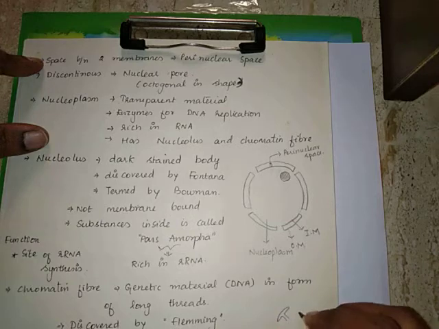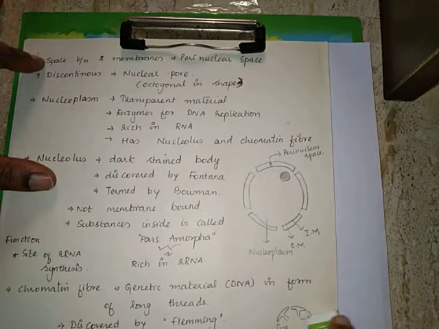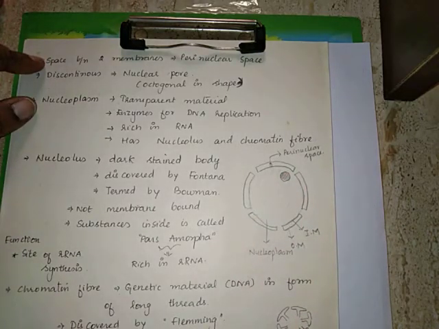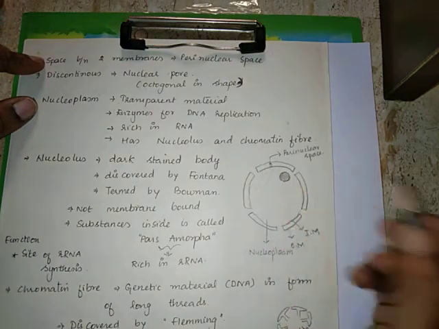So the chromatin fibers, that is the DNA molecules, they actually are arranged in such a manner that they give a cover, or they look like a cover to the nucleolus part. So this part is actually like this, that is, this is actually the chromatin fiber, that is the DNA, which is getting arranged in such a manner that it looks like the cover of the nucleolus.